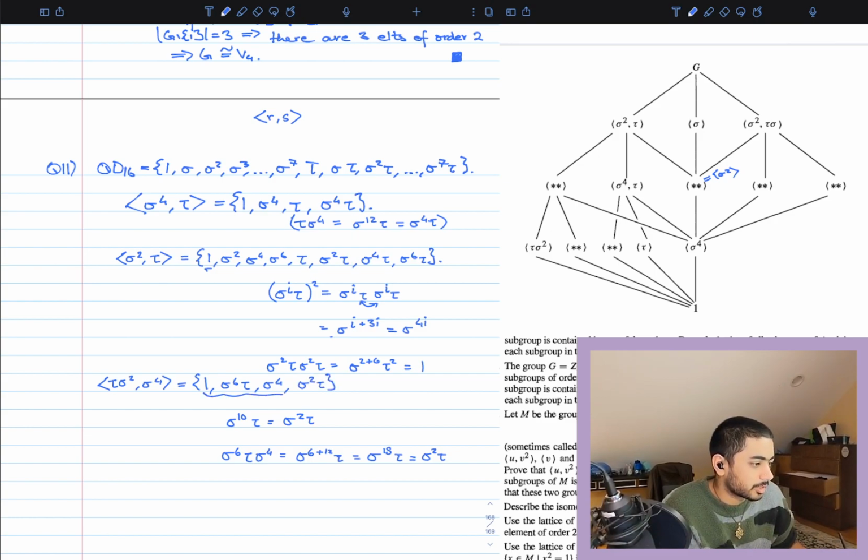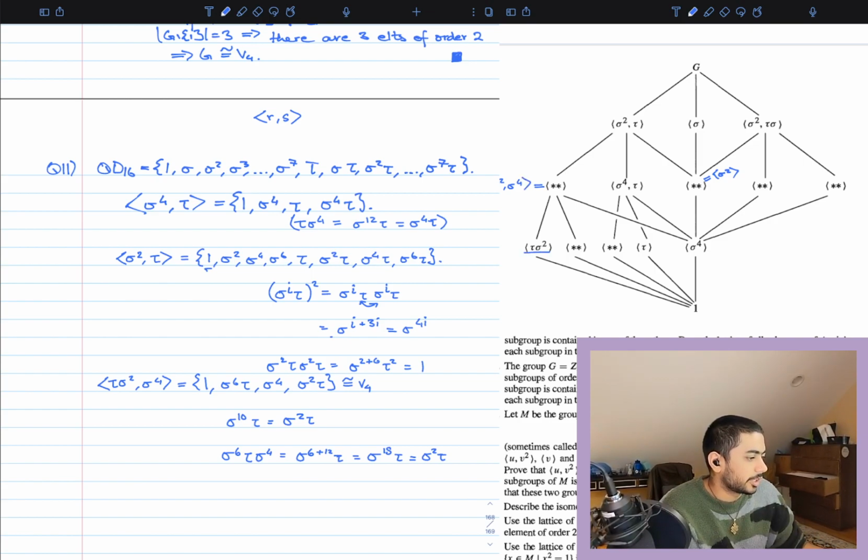So this is another group isomorphic to the Klein 4 group. 3 order 2 elements, such that when you multiply 2 of them, you get the other one. Alright, so I believe that should be what this is. So this is the group generated by tau sigma squared and sigma to the 4th.